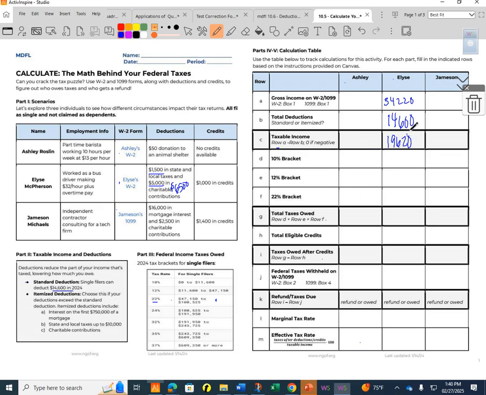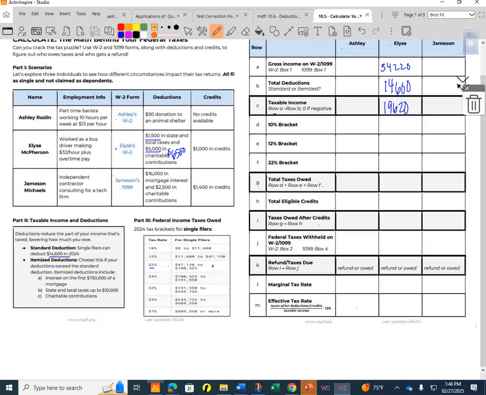$19,620. So now, this part's a little bit confusing. Everything else has some pretty specific directions. But for this, what you're doing here is you're going to have to break down the amount of money she makes into chunks and pay the appropriate tax rate on each of these. So her taxable income is $19,620.